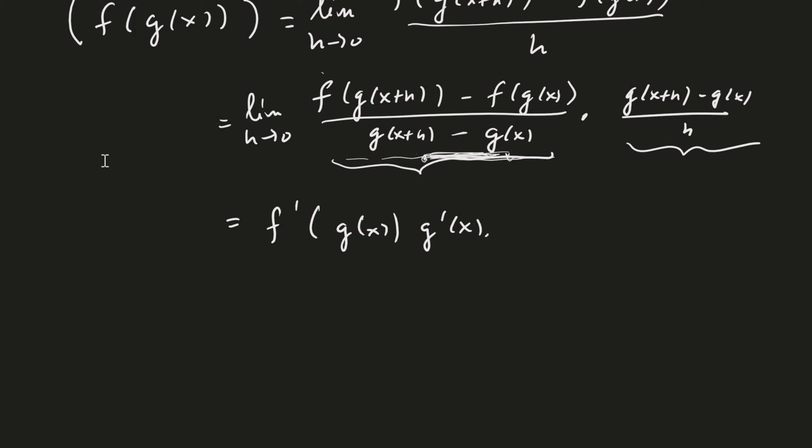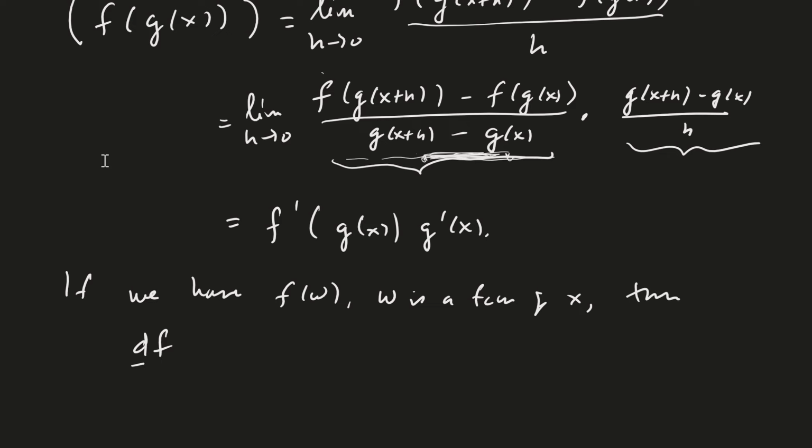So if we have f of w, and w is a function of x, the rate of change of f with respect to x is going to be the rate of change of f with respect to its variable w, but then you have to multiply by the change of w over the change of x. And so this is Leibniz notation.